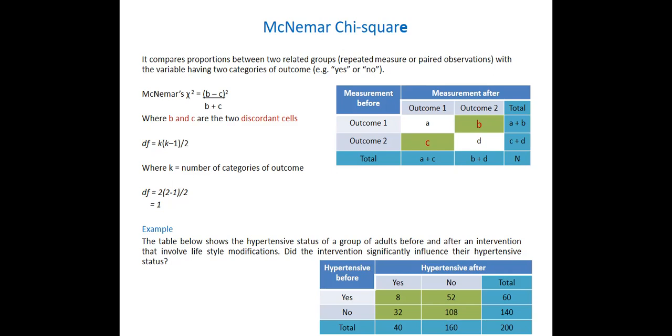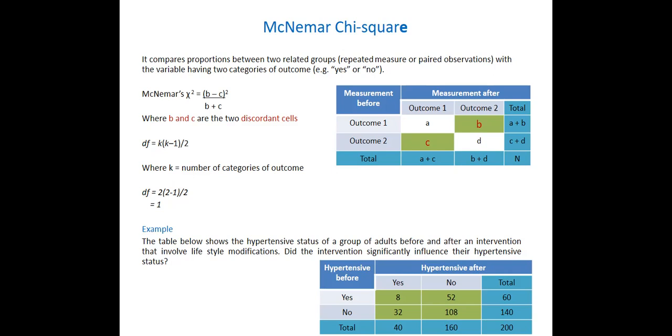The number that were hypertensive before was 60. How many were not hypertensive before? 140. Great. How many were hypertensive after? 40. How many were not hypertensive after? 160. You can see that before 60 were hypertensive, after 40 were hypertensive.